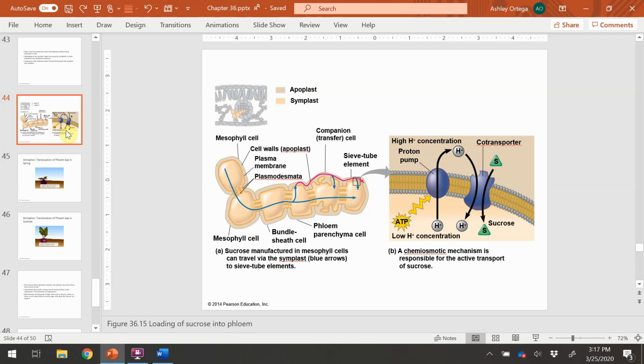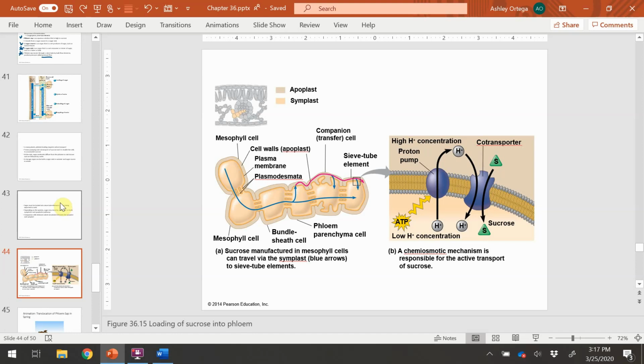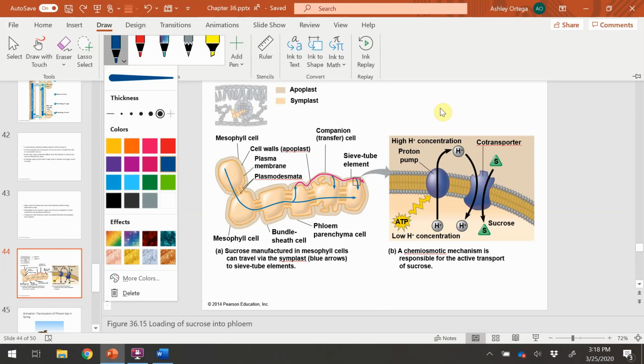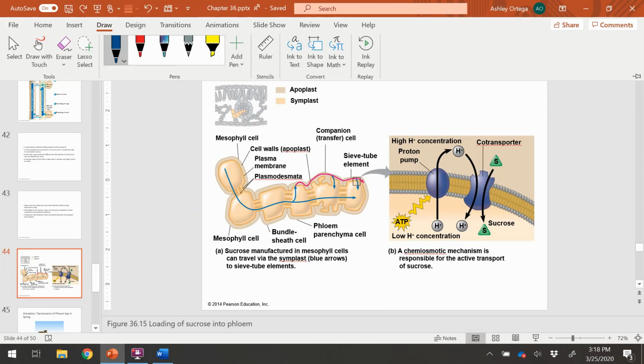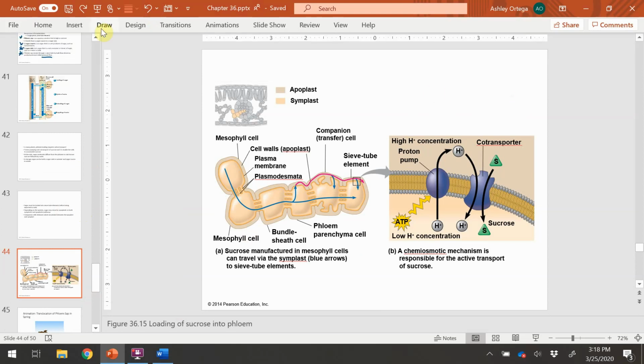That is something that we skipped over already. So this detail you don't need to necessarily know. You just want to know that the sugar gets actively transported and water follows it through osmosis. So that overall process you do want to be able to identify, but you don't necessarily need to know the actual mechanism of how that happens. And so that's shown here, and so that's why I will put a little X here, as this is not necessarily a detail you need to remember for the exam.